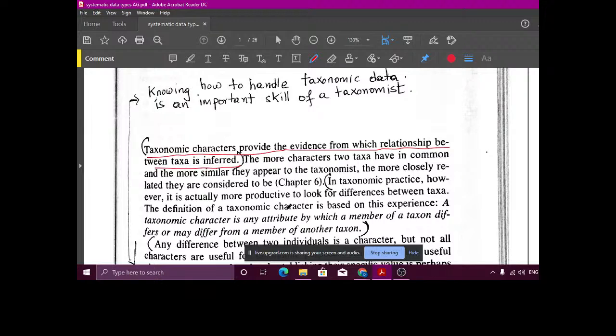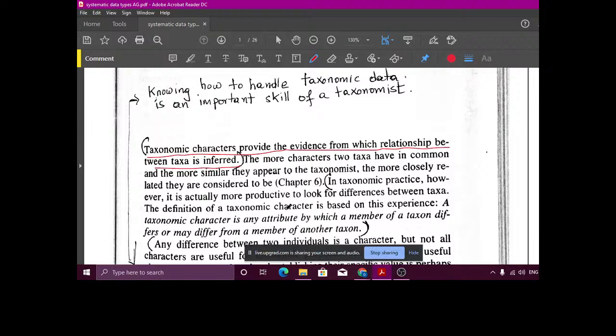So you have a cat and a dog. Both of them belong to the order Carnivora because they eat meat. Then you go to class Mammalia. In Mammalia you have cows, and you have dogs and cats. Cows are vegetarian, they are herbivorous, and these are carnivorous.